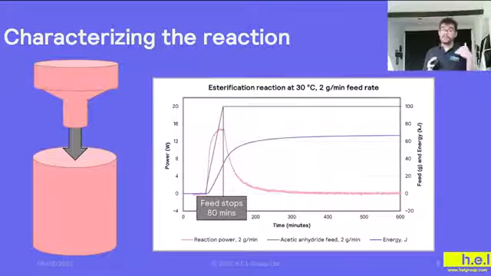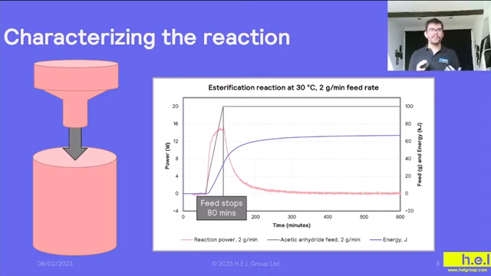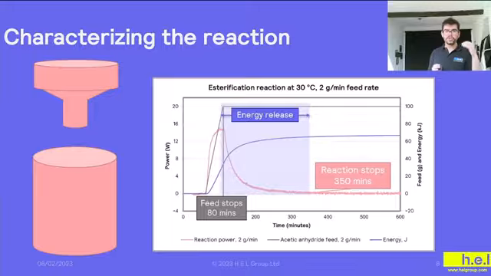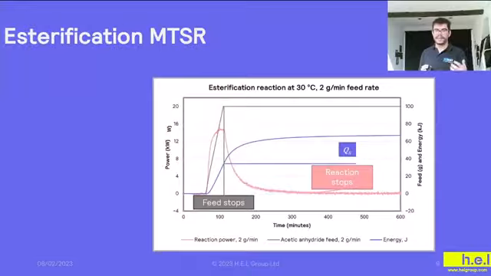And we can see that the blue line, which is the energy accumulated in the reactor, carries on accumulating even though we stop the feed. It carries on accumulating until 350 minutes. This energy release is very important because it determines what our Qx is and what our adiabatic temperature rise is going to be, and we can calculate it as we can see on this other slide.